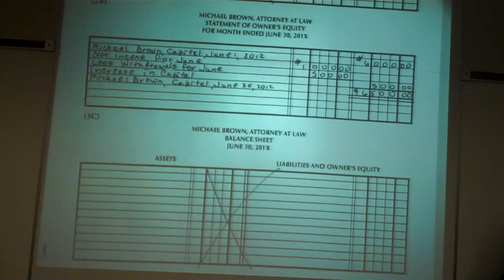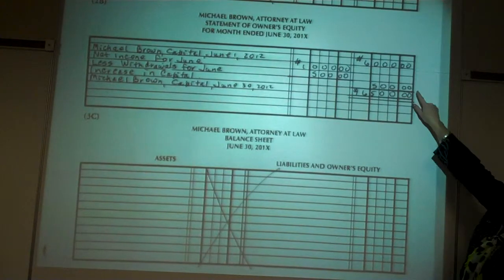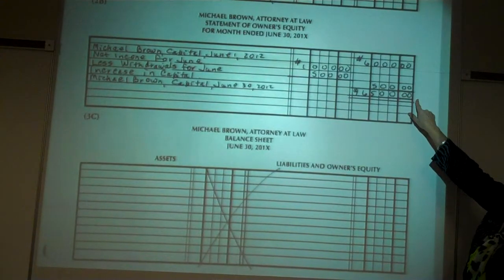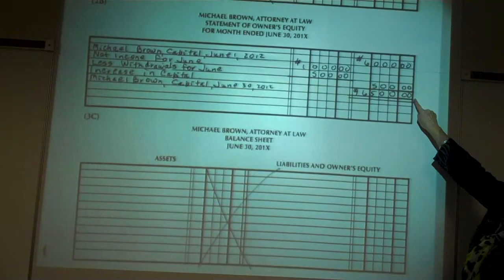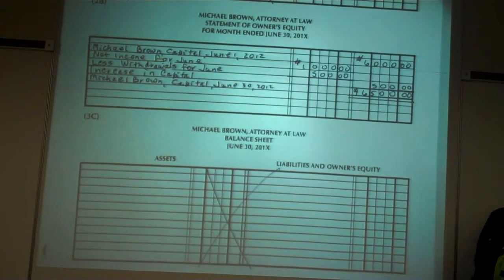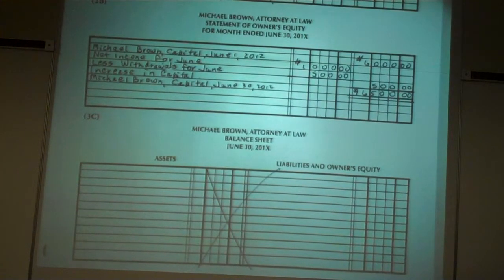We still had an increase in capital even though we had a withdrawal, didn't we? Yes, ma'am. It's too bad they made it the same number. It might have been better if it had been 600 and 400 so that you see the difference there. But we did have an increase of $500, and our ending capital for June is going to be $6,500. That ending figure for June will also be the beginning figure for July.